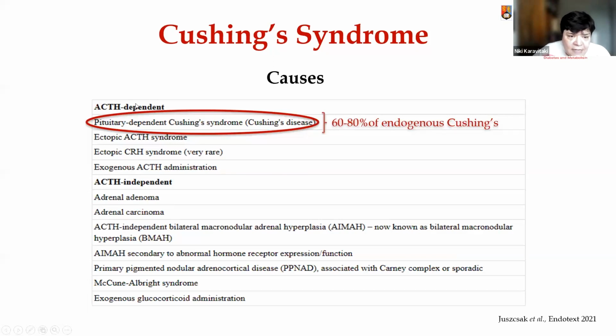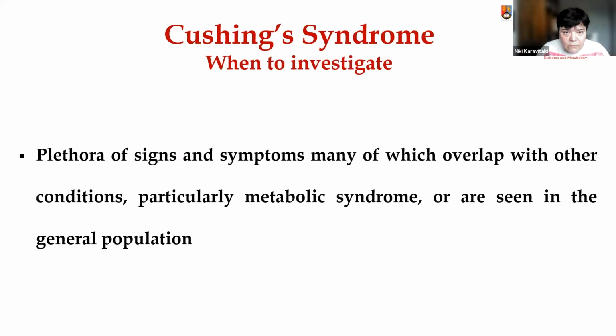For the ACTH dependent, the most common cause is pituitary-dependent Cushing, so Cushing's disease. This consists of 60 to 80% of endogenous Cushing's cases. We have ectopic production as well of CRH, ACTH, and the ACTH independent has to do with adrenal causes or with exogenous glucocorticoid administration. As I mentioned, our main focus will be Cushing's disease.